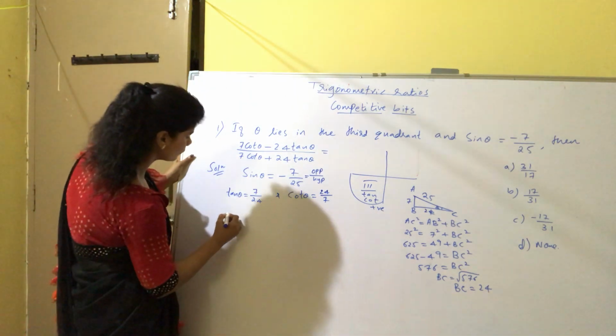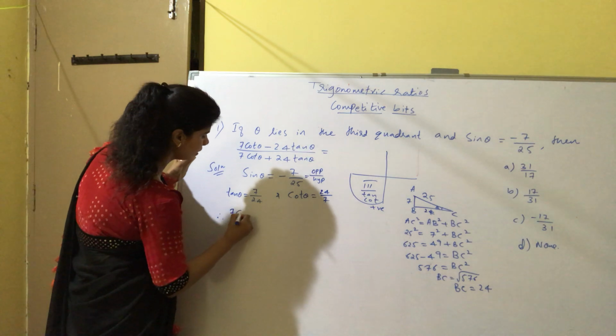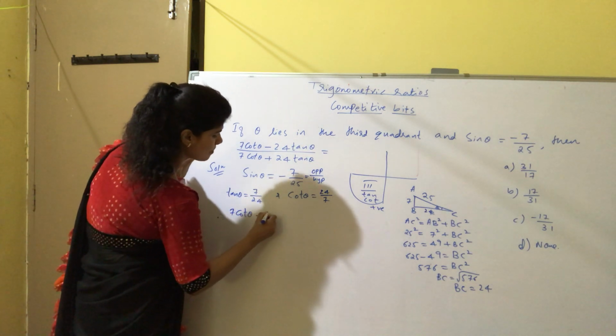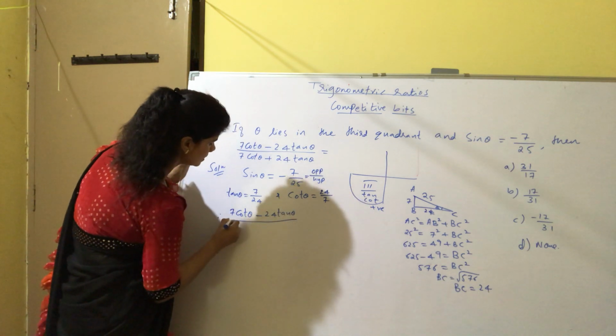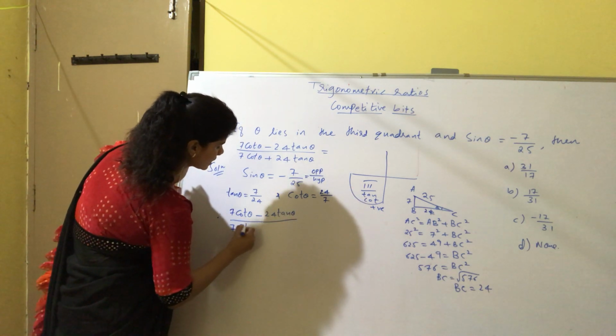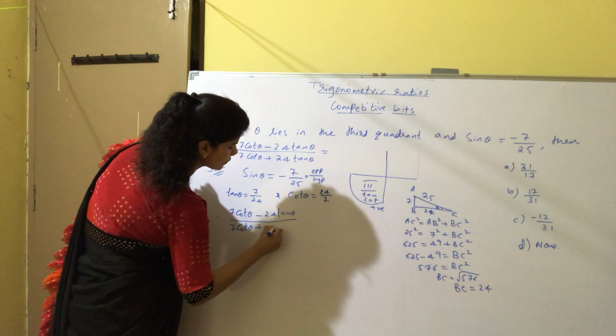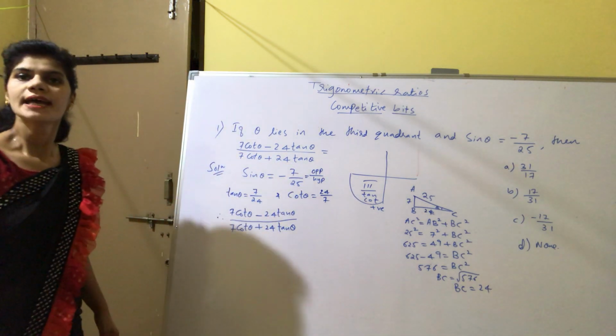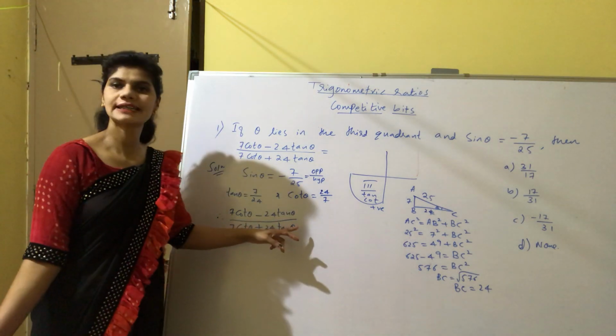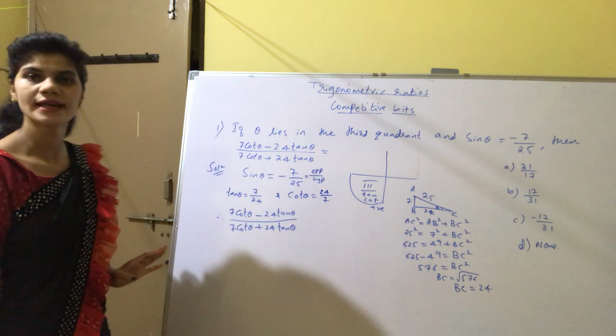Okay students, now we shall find the required value. Therefore the value of 7 into cot theta minus 24 tan theta upon 7 into cot theta plus 24 into tan theta we need. Okay, replace the values of cot and tan here and simplify for the answer.